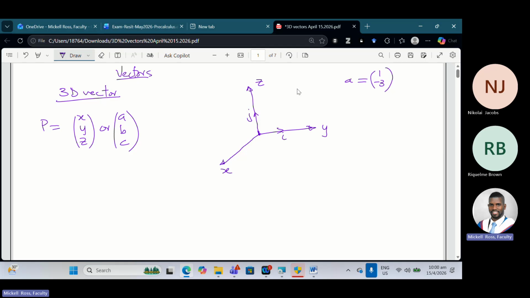So just pointing out the different representations that you can see the 3D vector represented in. So what we're going to do is look at a few calculations that have to do with 3D vectors and just work through a few questions and see what we end up with for our solution. So we're going to look at adding, subtracting, multiplying, and stuff like that. All right, let's go.